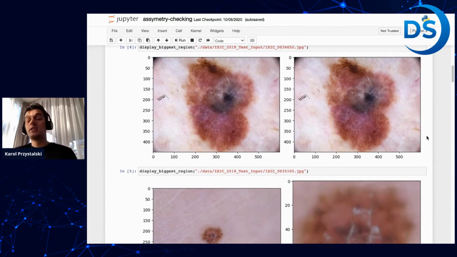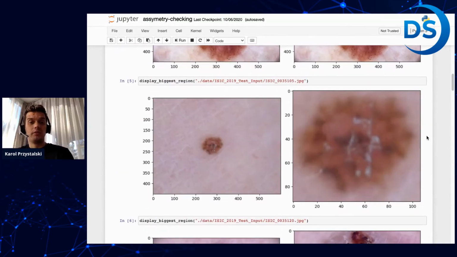But that's the way to find out if it's a cancer or not, because symmetry is one of the first features, apart from color, that doctors take a look at to find out if it's a cancer or not, because a cancer is usually asymmetric, right? So it's not a circle, it's not oval. It's something that is very asymmetric.